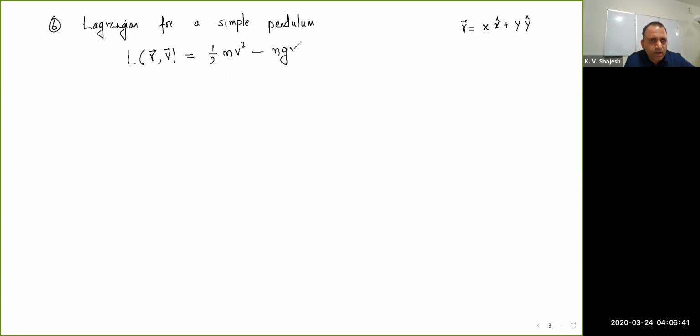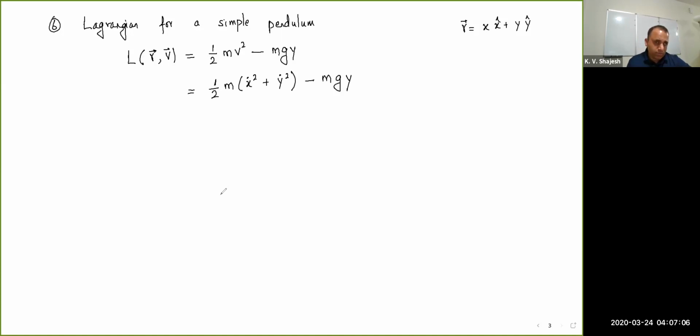This is how far you are. So v squared is, we immediately realize, x dot squared plus y dot squared, minus mgy. That is how you will begin writing the Lagrangian.